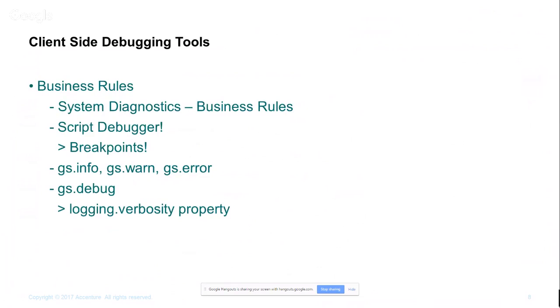Okay, and a little bit more from the client side, you can actually debug into the business rules, and you can do this through a variety of ways. System diagnostics, script debugger. You can actually set breakpoints. It's a brand new thing. You can get it back first time since they broke it in Geneva. Actually, what happened was they changed the interface from frames to divs, and when they did that, it wouldn't work inside the div environment.